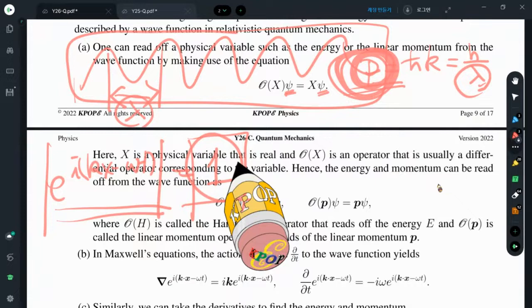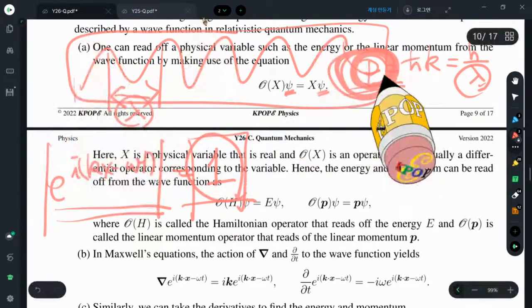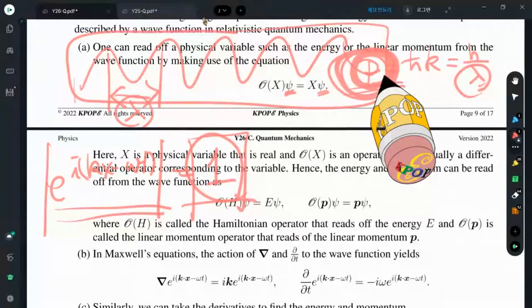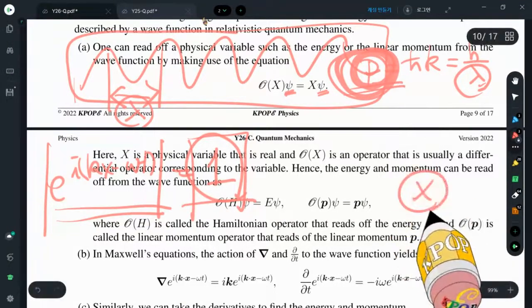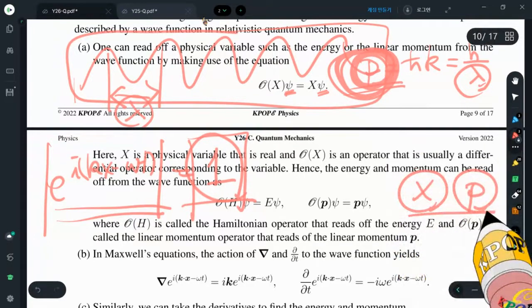This is called the uncertainty principle of Heisenberg. Okay, so if you treat the particles in terms of wave, this is fact. You cannot determine the position and momentum simultaneously.